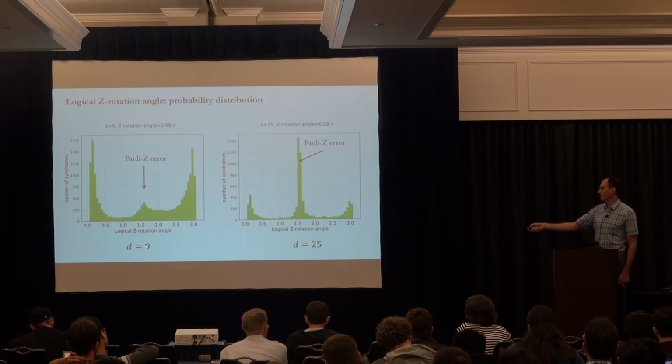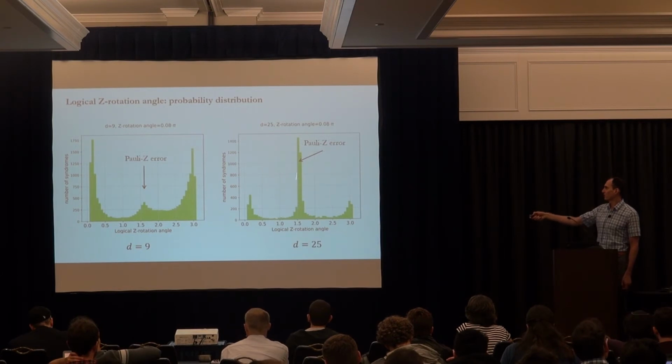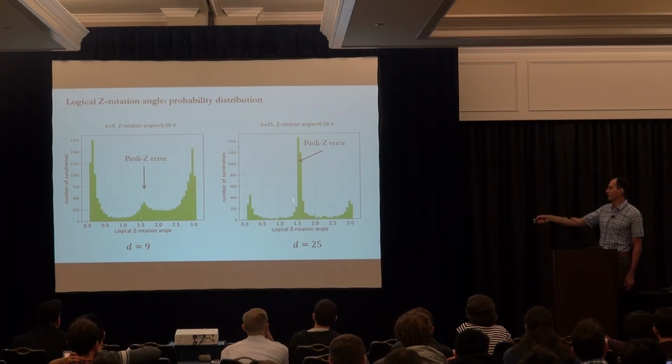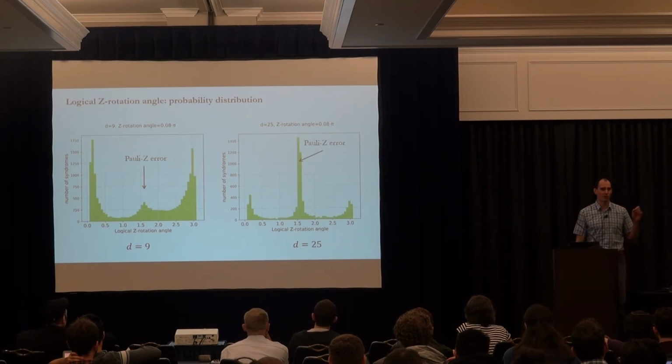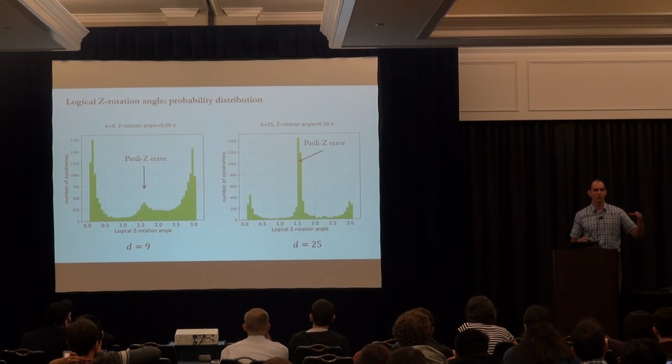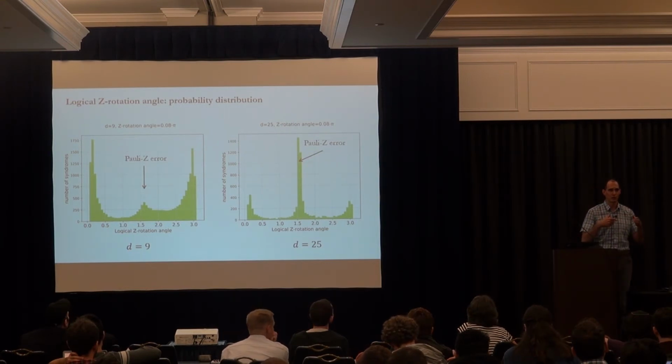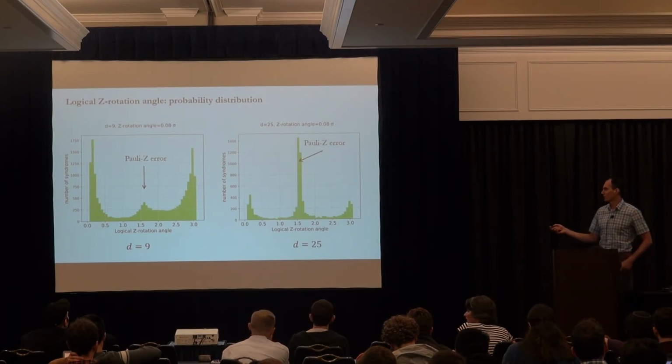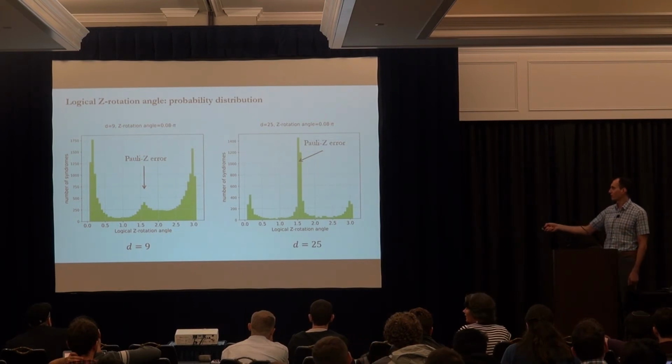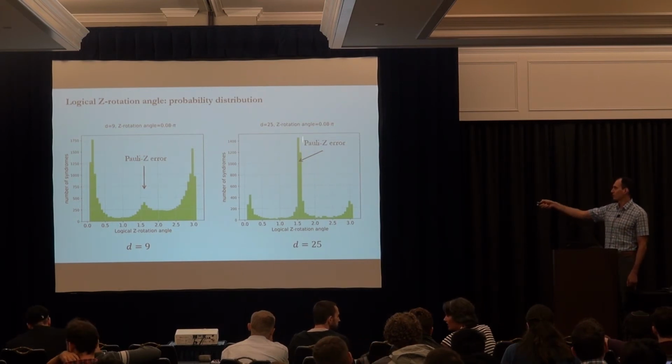And as you can see, if we go from small distance to large distance, most of the weight comes into this peak located at pi over 2, which means that increasing the code distance makes logical level noise closer to random Pauli errors. If we only had random Pauli errors, then all the weight on this plot would be concentrated in this central peak.